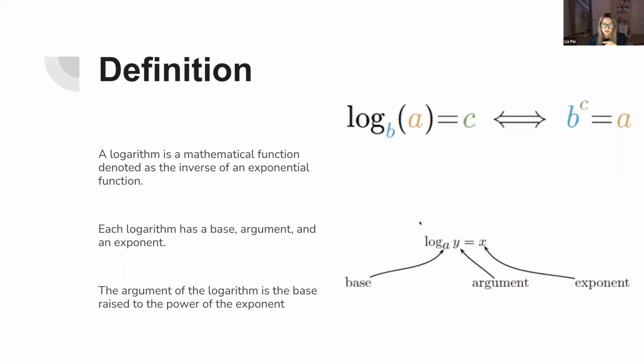Right here in this picture, the base is a, the argument is y, and the exponent is x. The variables can change, but here's just what you'll see. If you have log base b of a equals c, it means that the base to the power of the exponent will be your argument. So it's just a simple expression that you just have to know.